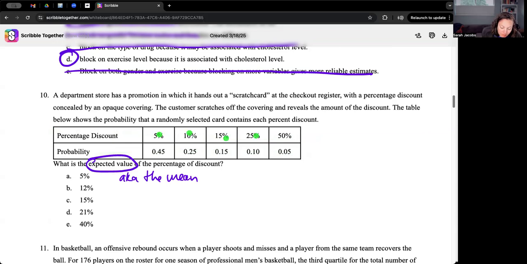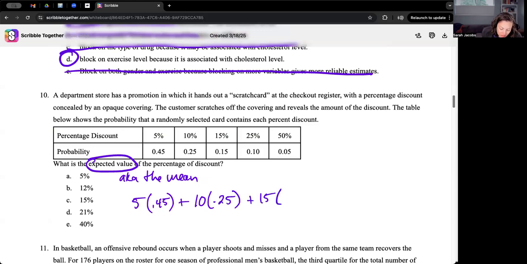So these being percents, we can work with them as numbers or percents. For me, it makes sense to just say, okay, 5% is a discount, 45% is the probability. Plus, there's a 10% discount, and that has a 25% chance of happening.